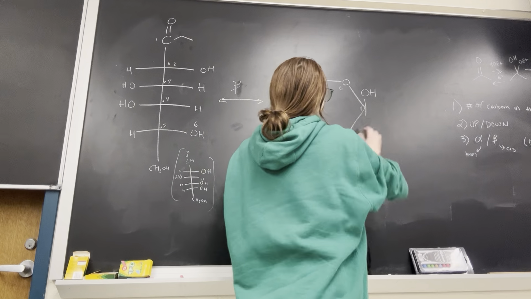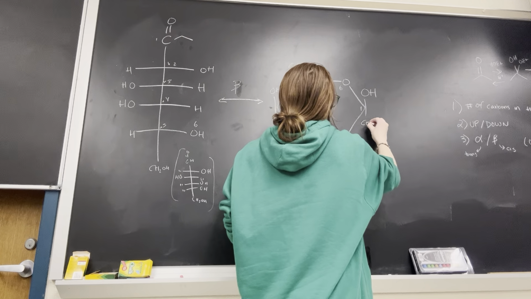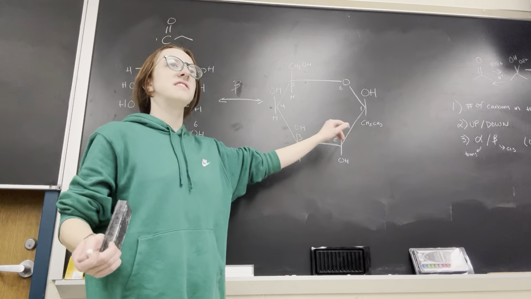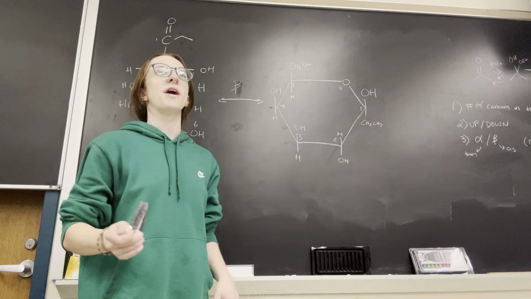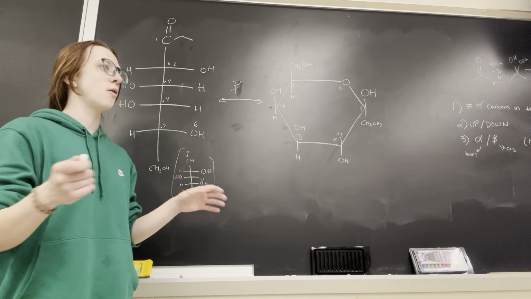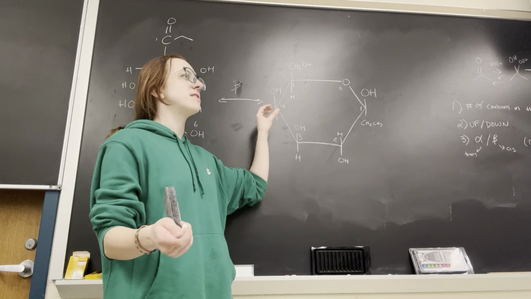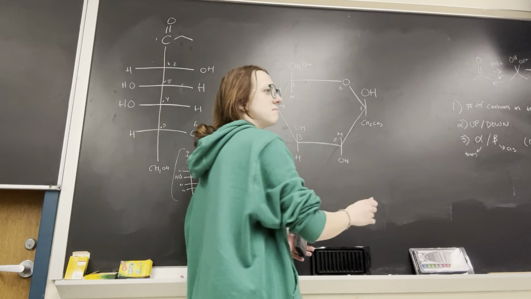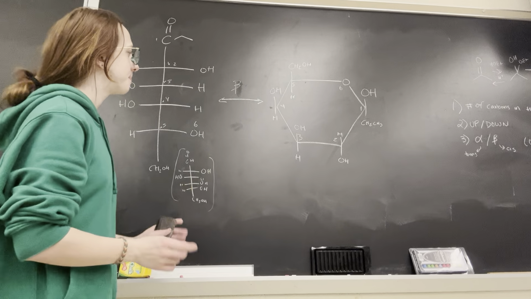If you wanted to be really fancy, but for these types she's not going to harp on you if you write ethyl. Sometimes she wants you to draw the whole thing out, but this is not focusing on whether you know what an ethyl is. You can put Et.